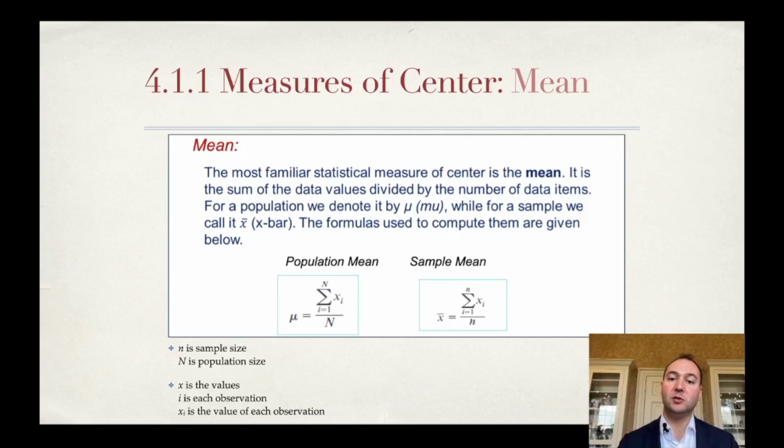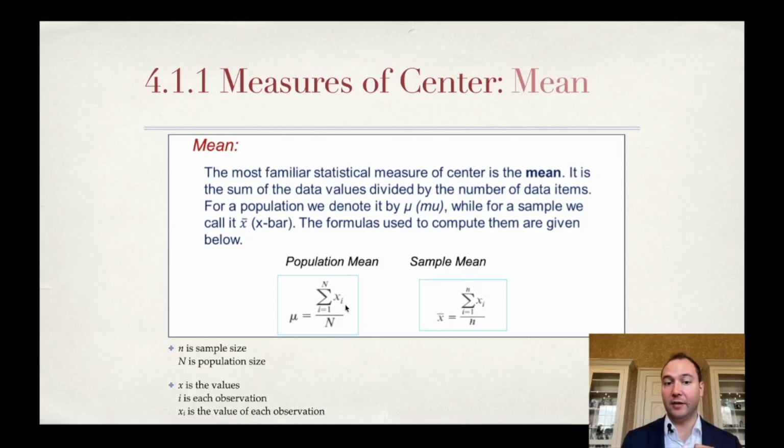The formula used to compute them are given below. Now on the left, we have the mu. Here is our formulation. And quite simply, it may look complicated, but the formulation is very simple. xi is each value in our vector. So i denotes the index of that value.